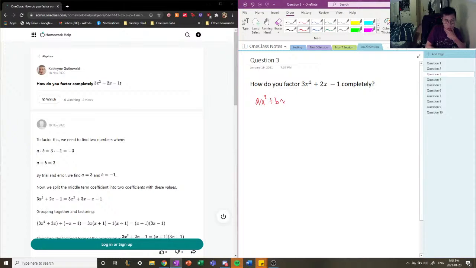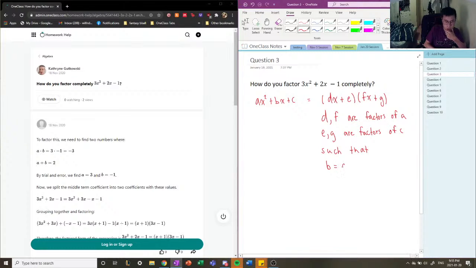which is ax squared plus bx plus c, into (dx plus e) times (fx plus g), where d and f are factors of a, and e and g are factors of c, such that b is equal to d times g plus e times f.